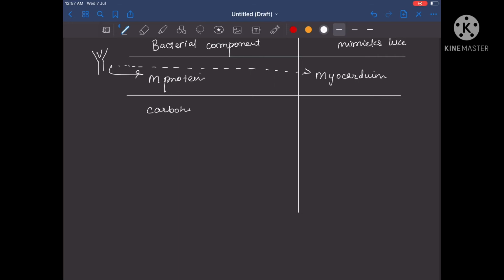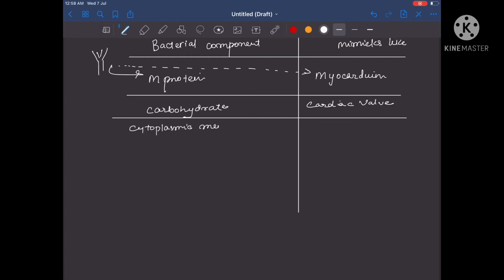The second component is carbohydrate, C for carbohydrate and C for cardiac valve. So when an antibody is produced against the carbohydrate, it's also produced against the cardiac valve. The third one is cytoplasmic membrane, and it mimics the vascular intima.